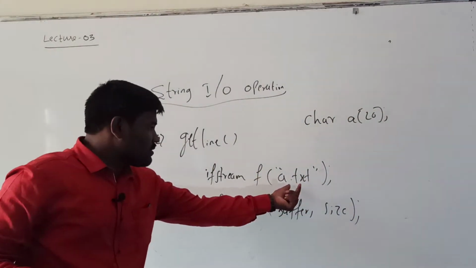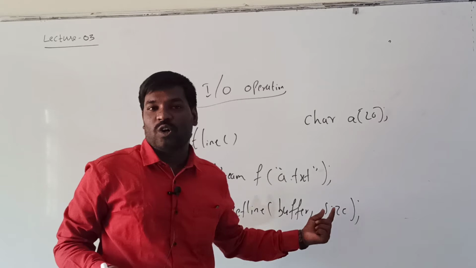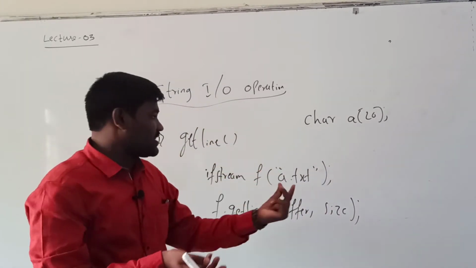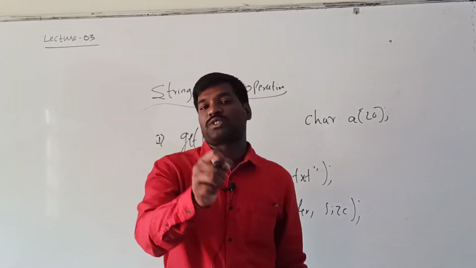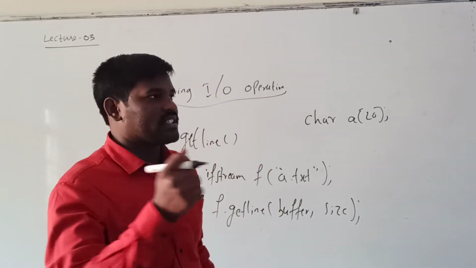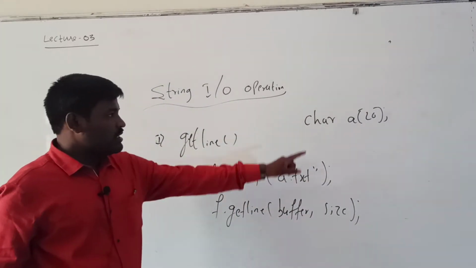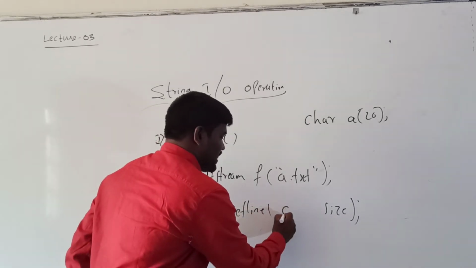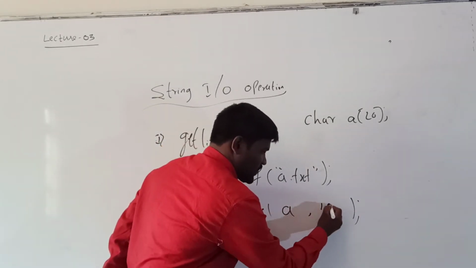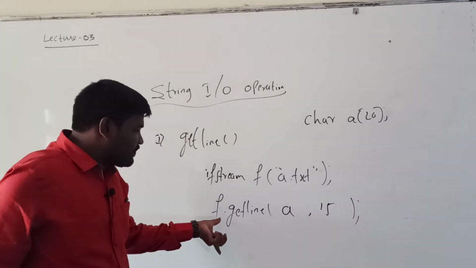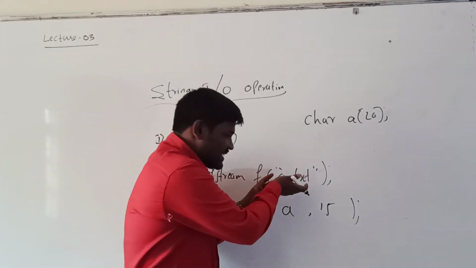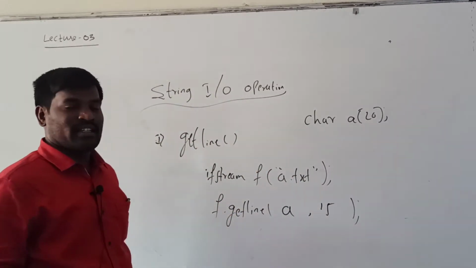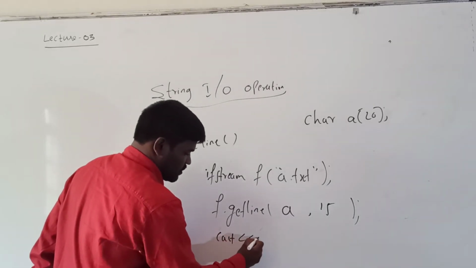It means that whatever is in the file a.txt, after getting the characters from a.txt, they must be stored in one variable, which we generally call a buffer. Suppose you are using char a[20], then we have to mention a size, say comma 15. With the help of f dot getLine on a.txt, it will get 15 characters and store them in a, and finally we print cout of a.